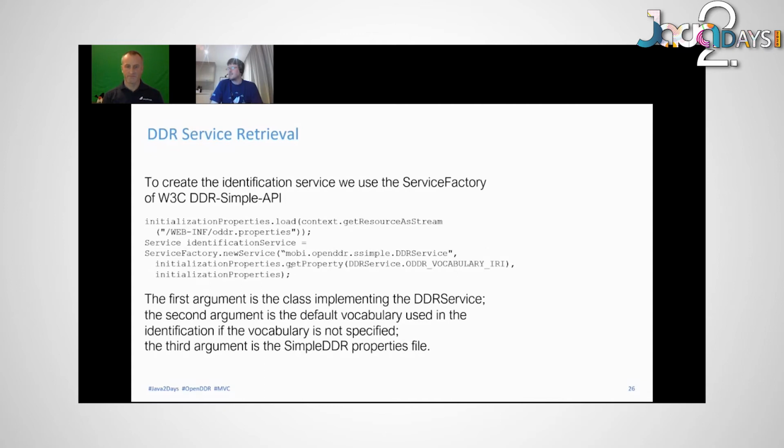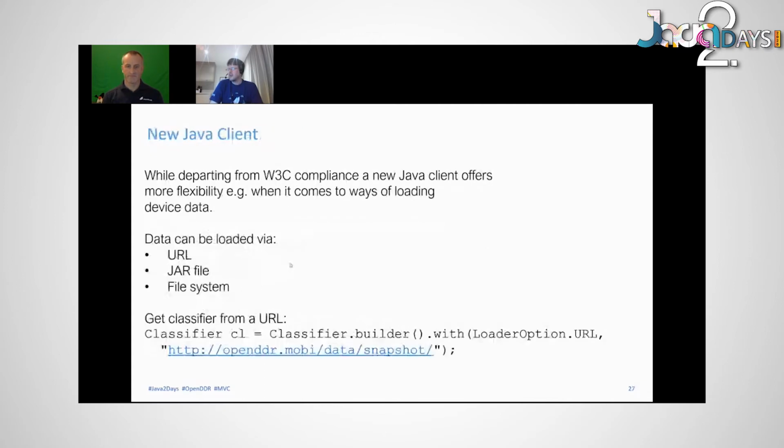But this is why the new Java client, or so-called classifier, was enhanced. Most of this was actually done while it was at Apache DeviceMap, and the data can be loaded either from a URL that could be on the other end of the world, or you can also load it directly from our OpenDDR repositories that are either located on the website or on Bintray in a DDR.